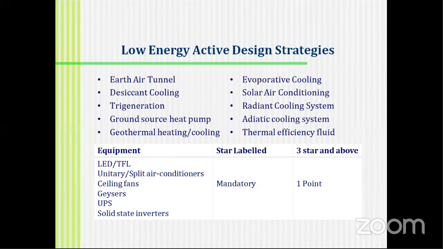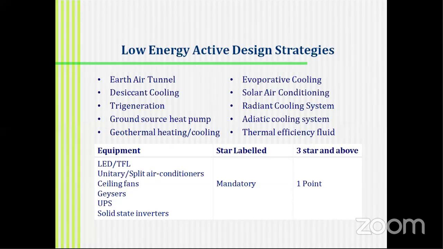So most of these strategies use the envelope, use the environment, use natural properties, and integrate some amount of energy so that it is effective as a low energy strategy for buildings.